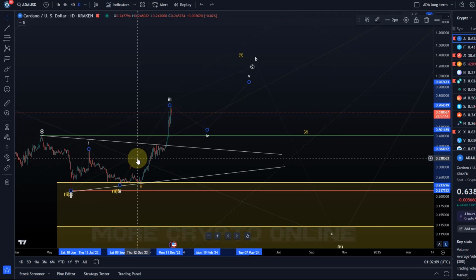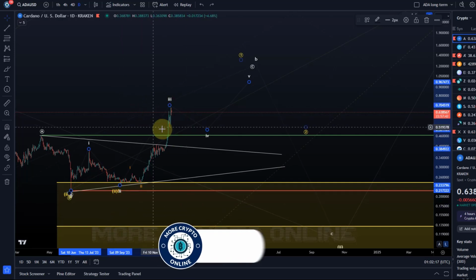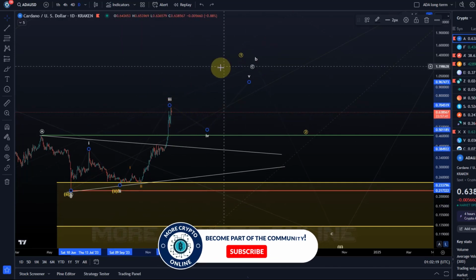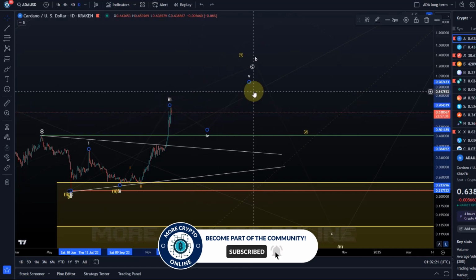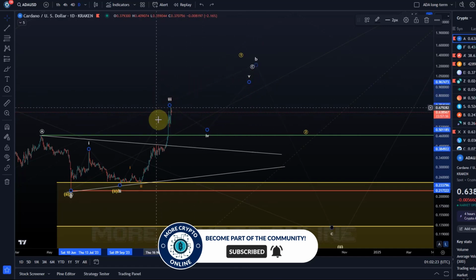Sometimes it makes sense to assume these higher lows, but only in rare circumstances, as the actual completion point of a correction. But I just want to mention here that we are in a larger diagonal, so that still suggests further upside overall. And we're looking at this price section here.